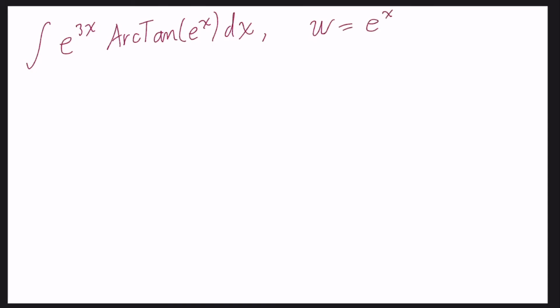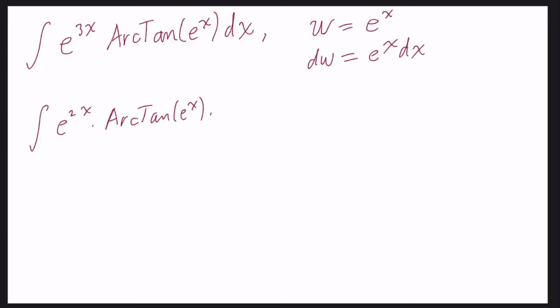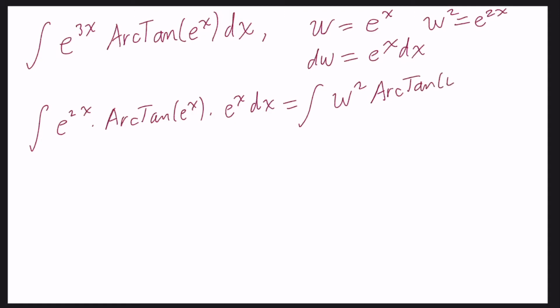We use w equal to e to the x, so dw is e to the x dx. If we rearrange this expression, this is e to the 2x times arctangent of e to the x times e to the x dx. This is equal to w squared times arctangent of w dw.